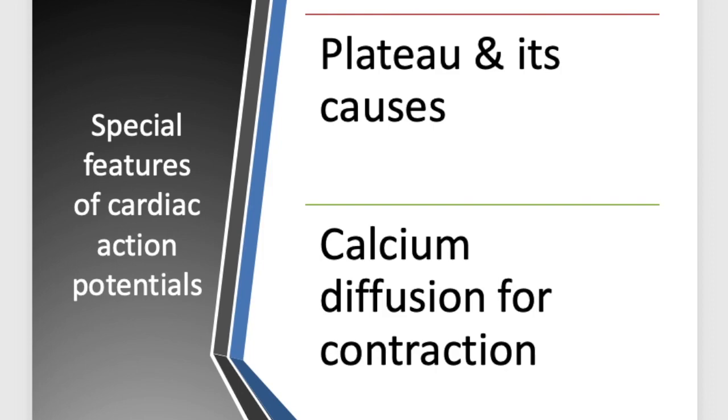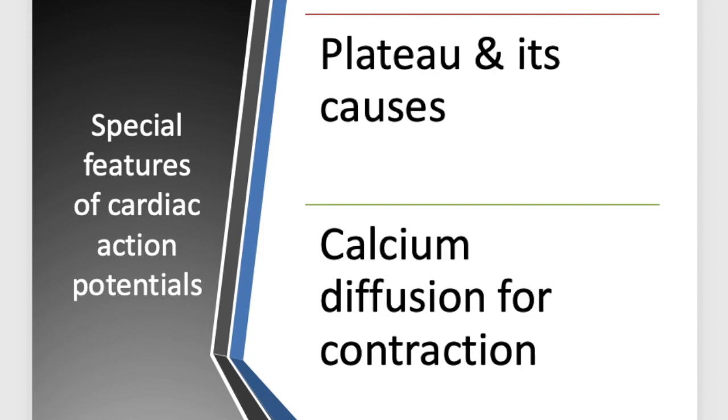Now we move on to the second special feature, that is the diffusion of calcium for the contraction. You must remember that the diffusion of calcium into the myofibrils promotes muscle contraction. The action potential spreads into each cardiac muscle fiber along the transverse tubules, which you call T-tubules.